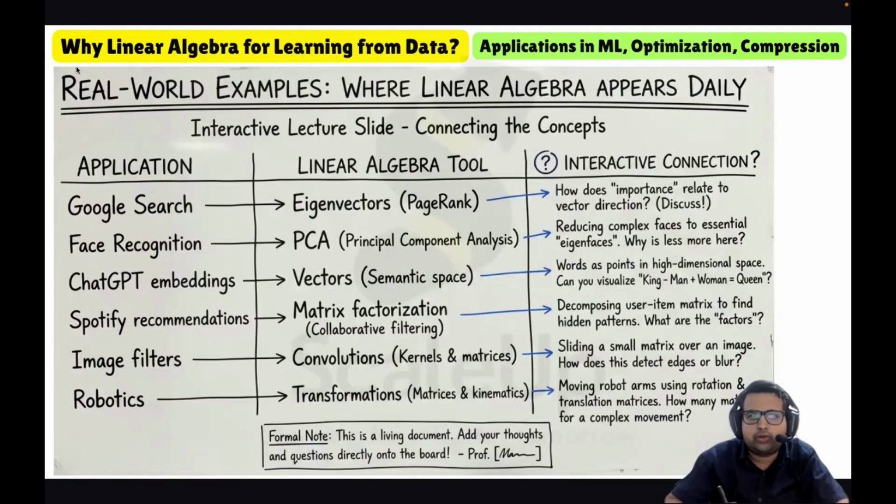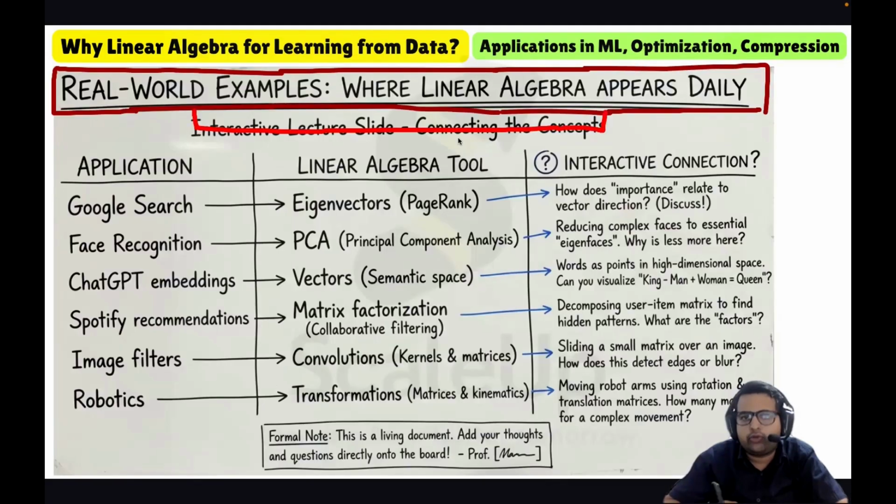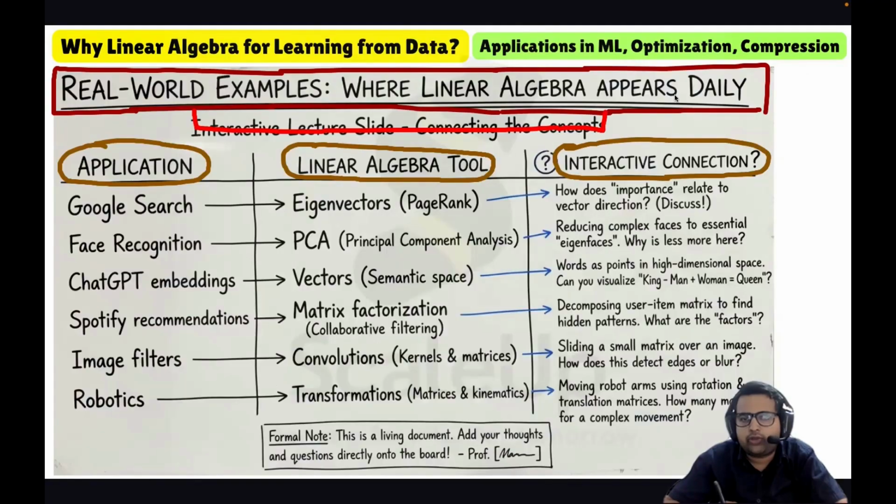Now let us look at some real world examples where linear algebra appears daily. We will look at the application, the linear algebra tool, and the connection. The first application is Google search.